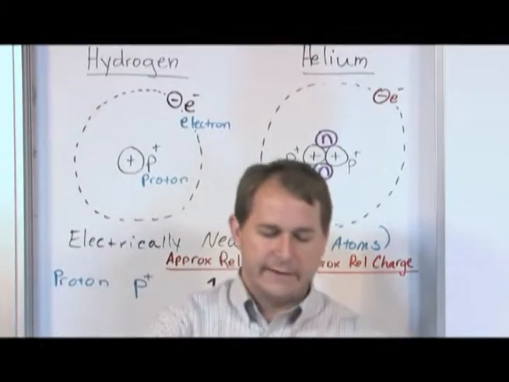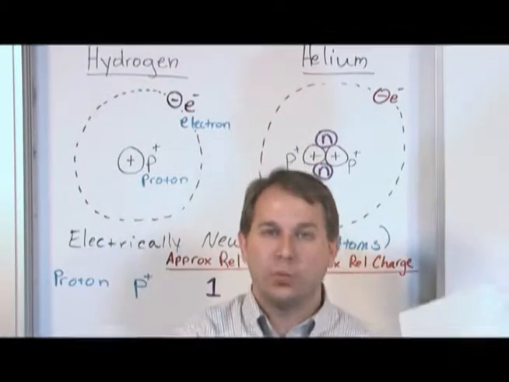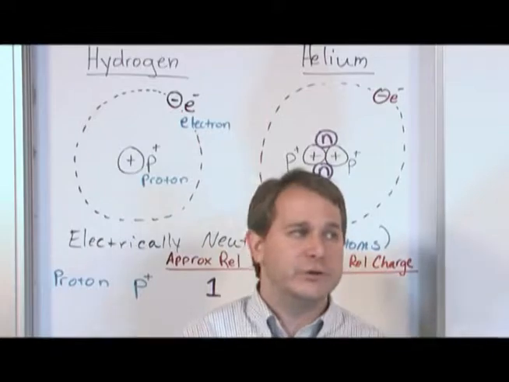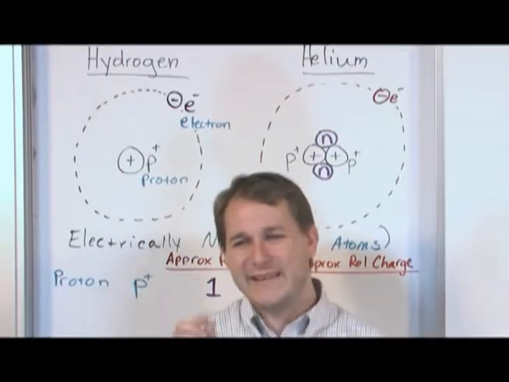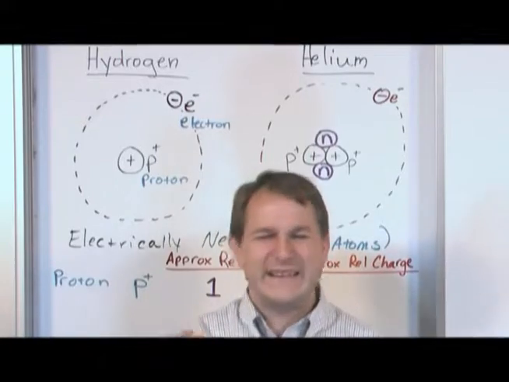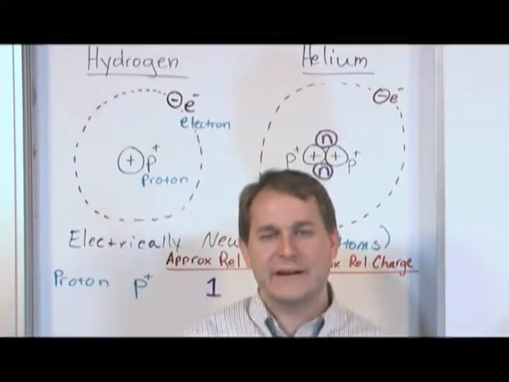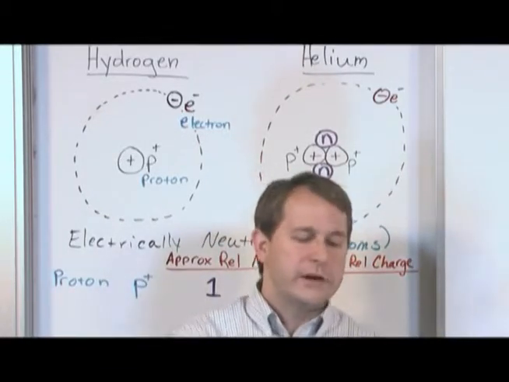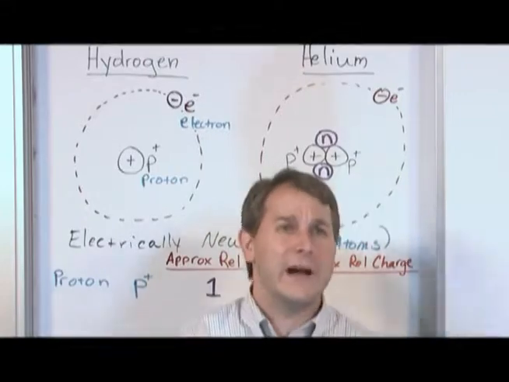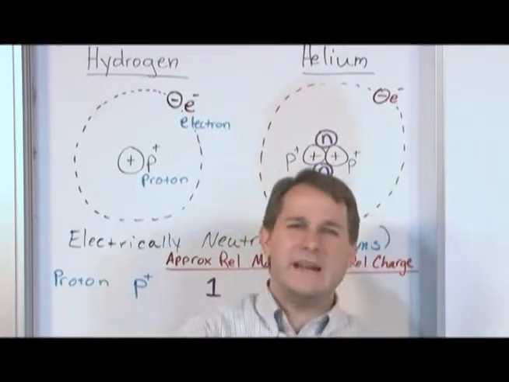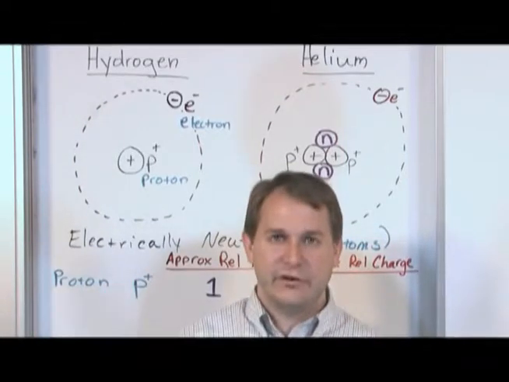If you could take a single proton and put it on a balance and take its mass in kilograms, you would have an incredibly small number, because a proton is a teeny tiny part of a single atom. Just take my word for it, it's got many, many zeros right after the decimal point before you finally get to some digits.